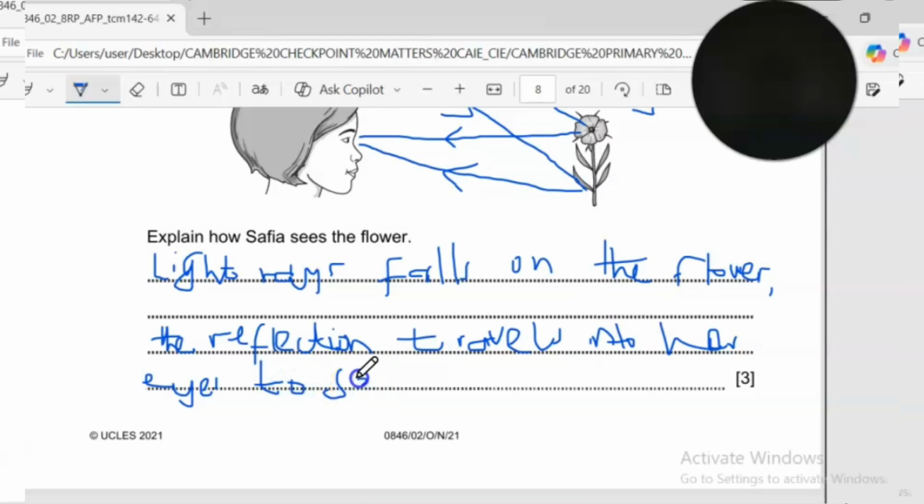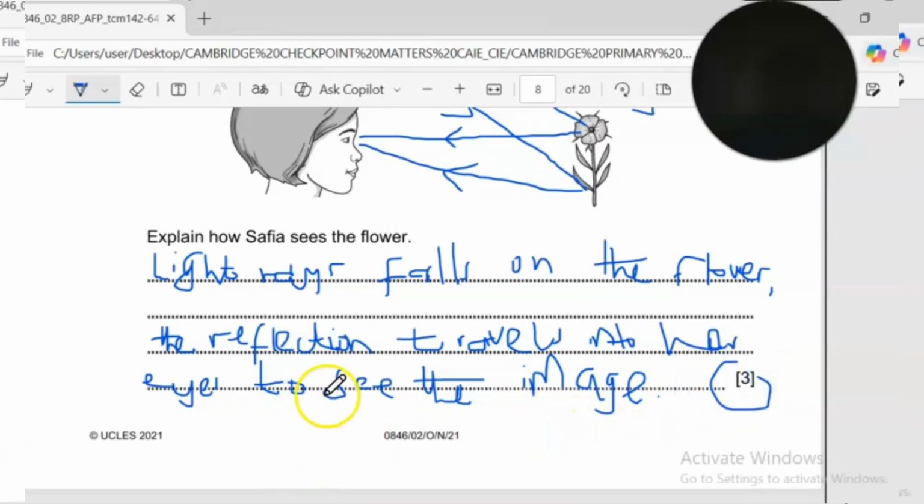To see the image of the object. If you're able to do this, you earn the 3 marks.